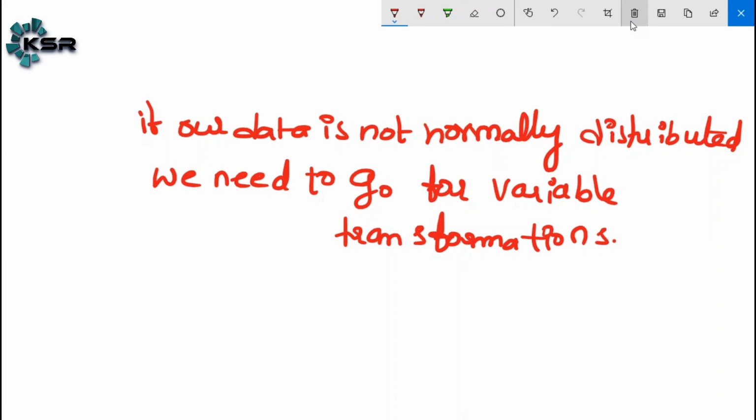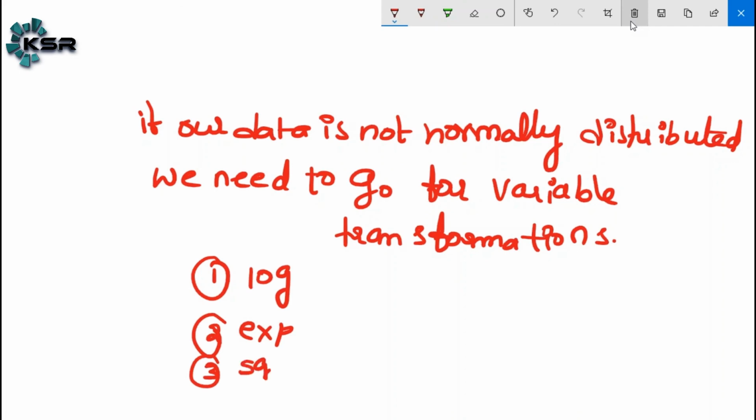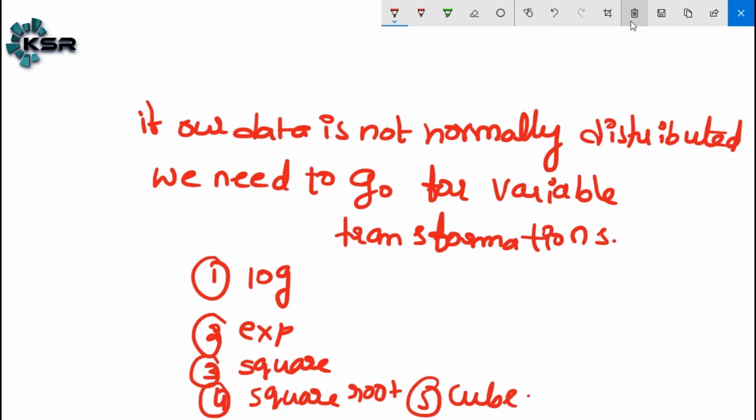How? There are various variable transformations: log transformation, exponential transformation, square root, cube root. The sixth one will be Z distribution.